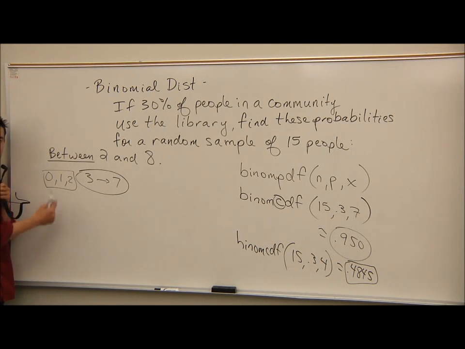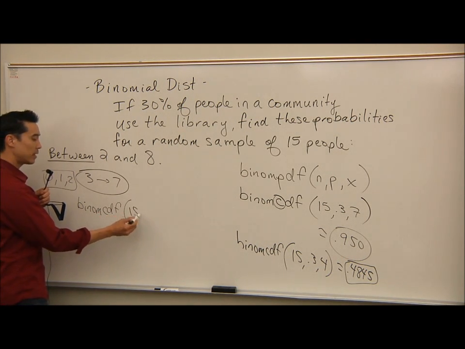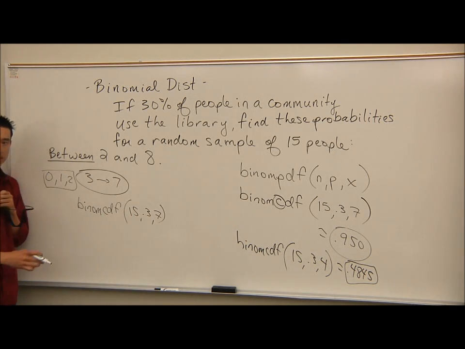Okay? So to solve this problem in your calculator, you're going to do Binom CDF. N is still 15, P is still 0.3, and I'm going to do 7. That adds up everything from 0 all the way up to 7.